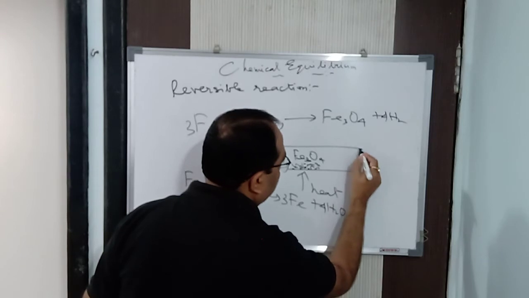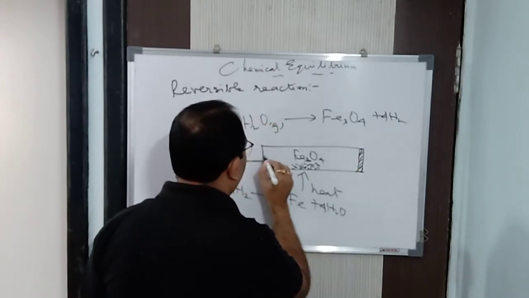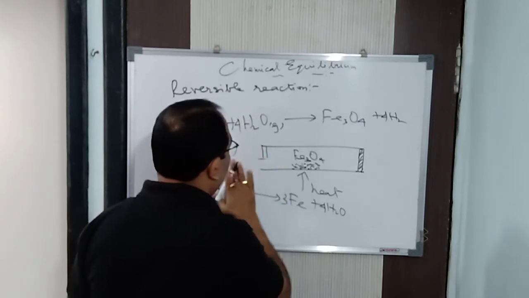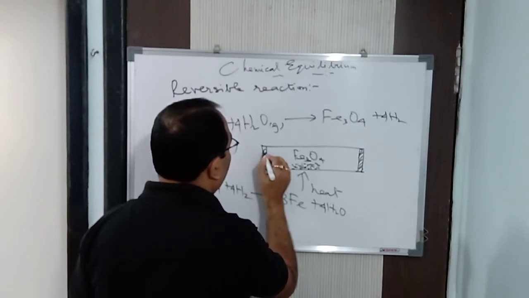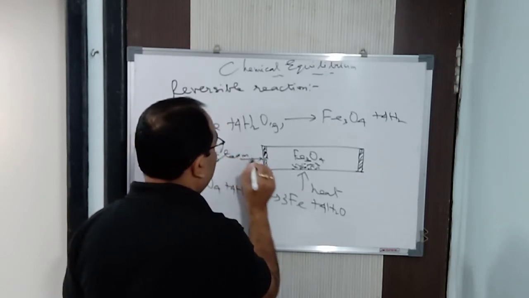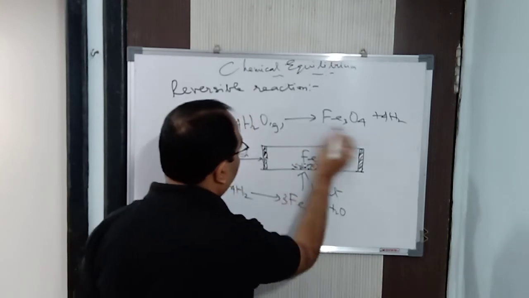You close this particular one. Here also, you take a small hole through which you pass steam, and here you take Fe again, the first reaction I'm talking about.